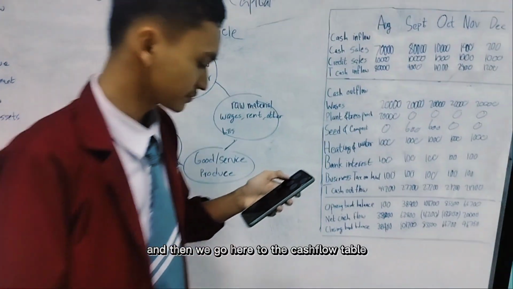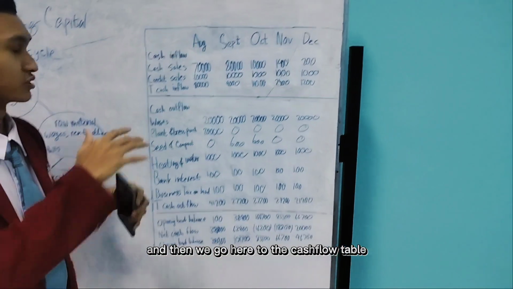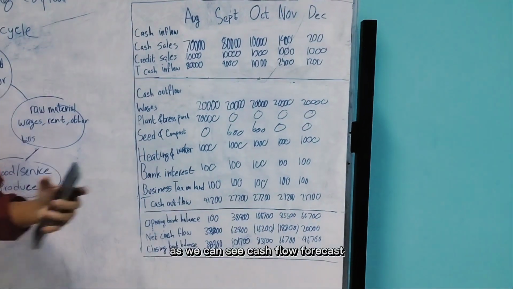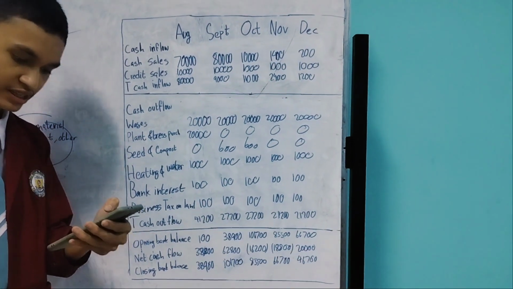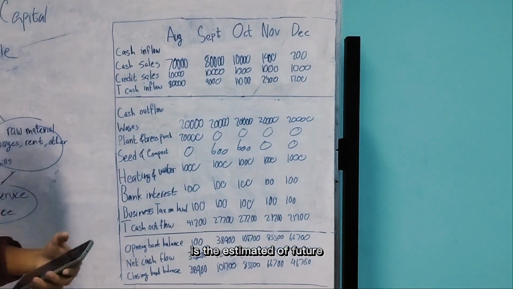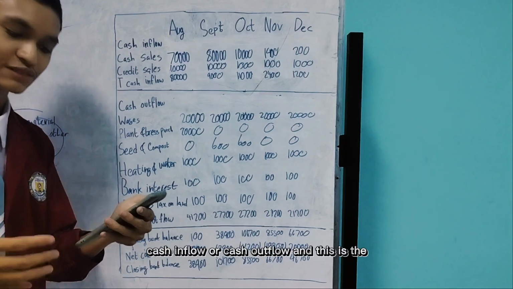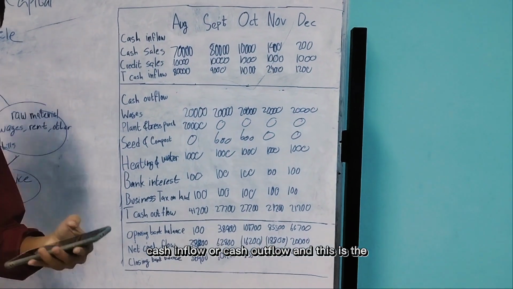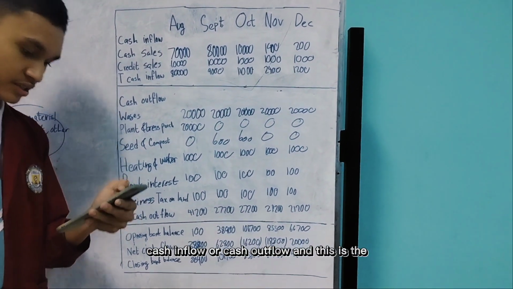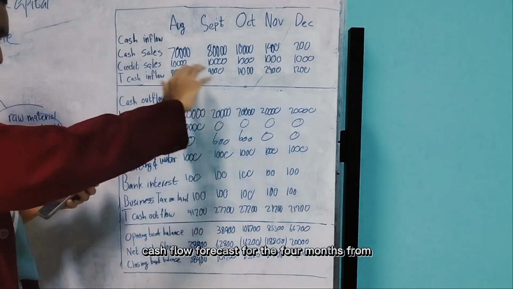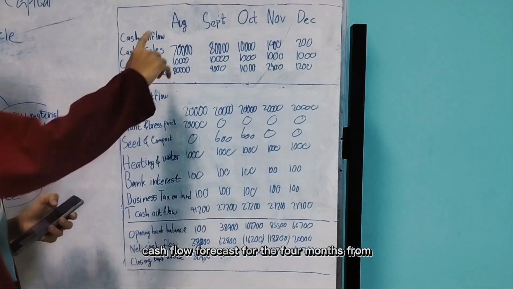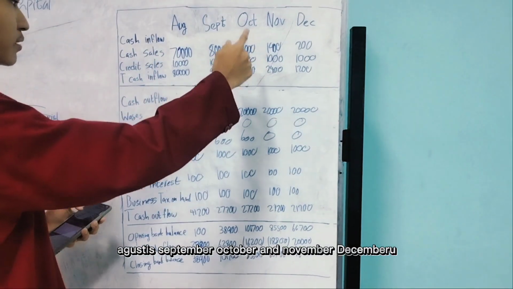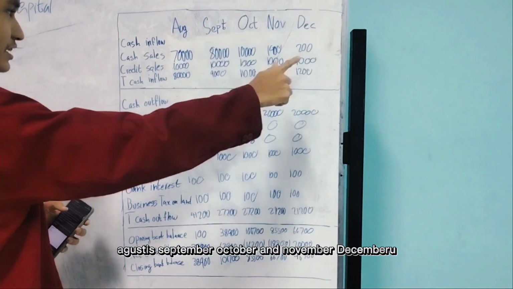And then we go here to the cash flow table. As we can see, a cash flow forecast is the estimate for future cash inflow or cash outflow. And this is the cash flow forecast for 4 months, from August to September, October, November, December.